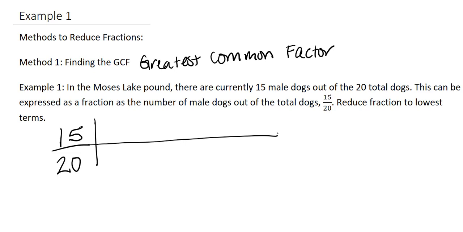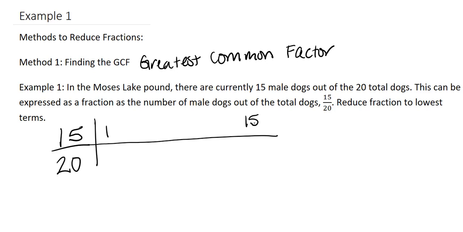Now, from previous videos, we learned that to find factors, we know that 1 in itself is always going to be a factor. So 1 times 15 is equal to 15. Then we look for other factors. So we look at 15 and we notice that it's not even, so 2 is not a factor.